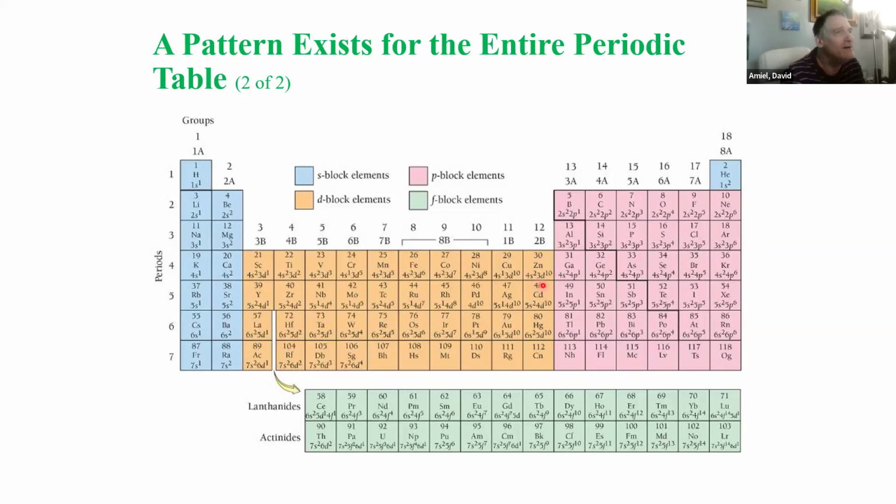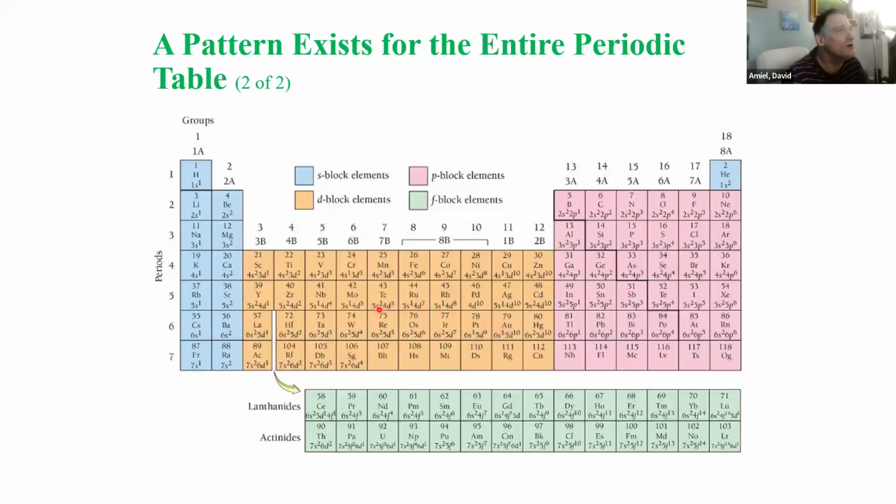Cadmium does the same thing, and look at silver there. Silver does the same thing. It steals an electron from its 5s orbital to have a completely filled d subshell. Gold does the same thing. So the filled shell is a little bit different. It doesn't follow the same pattern.